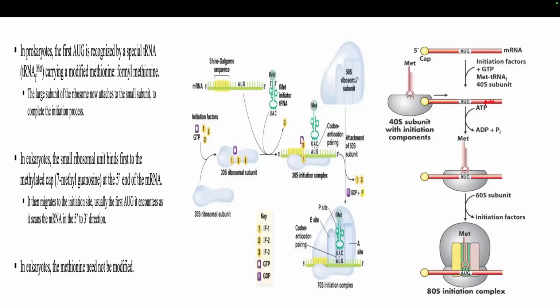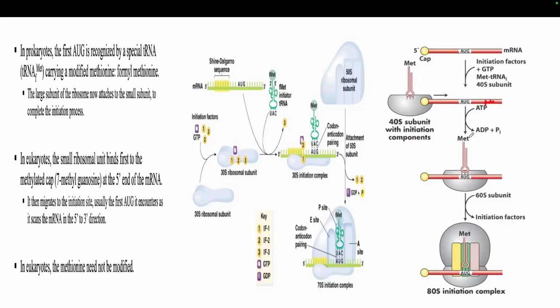Then the 50S ribosome subunit will come and bind with this small subunit, and here it will complete the ternary complex, where the ribosome, tRNA and rRNA are present. There are several factors which help during this procedure, and this is an energy driven process, so GTP is required for it.